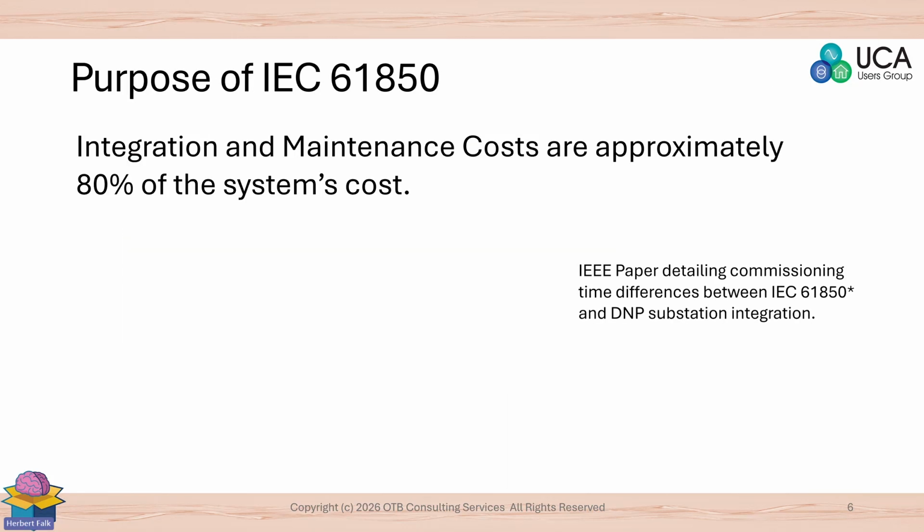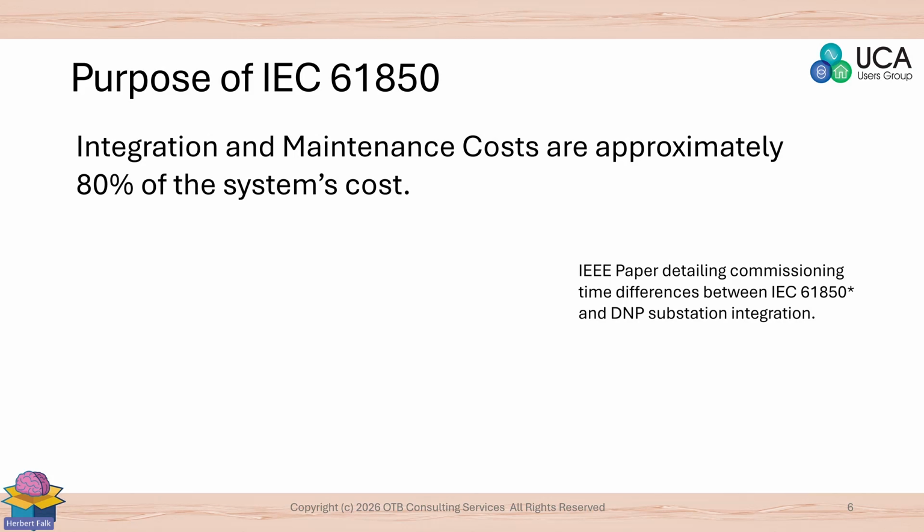The first thing to do is to take a look at why 61850 was developed in the first place. And 61850 was developed to lower the integration and system maintenance lifecycle cost of a system installation by hopefully 80%. So there's a very strong business reason to use 61850 to decrease your commissioning, maintenance, and lifecycle cost.